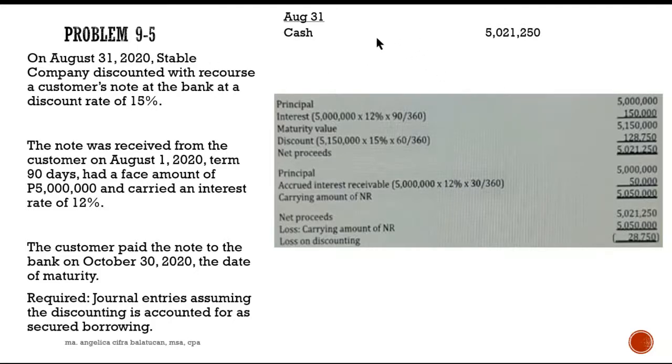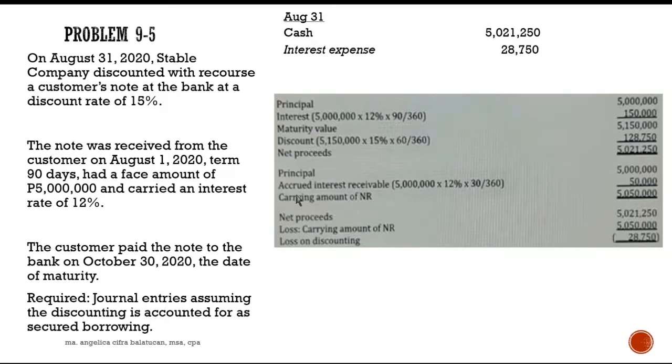So debit cash 5,021,250. And then you have interest expense because this is a secured borrowing. Remember, 'di ba? Pag conditional sale pa ni siya, so loss unta ni siya. But since this is secured borrowing, so ang i-debit nato kay interest expense. So kung mangutan na o pila man ang loss on discounting sa secured borrowing, ang answer would be wala siya loss kay ang iyaha mang debit kay interest expense.